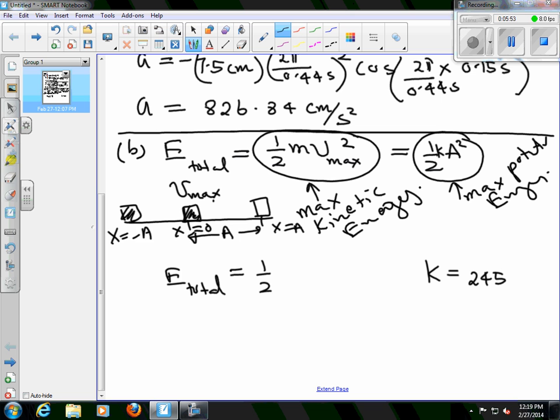k is given as 245 Newtons per meter. So half k times amplitude squared. So half times 245 Newtons per meter times, oh, it's not 0.75, it's 0.075.